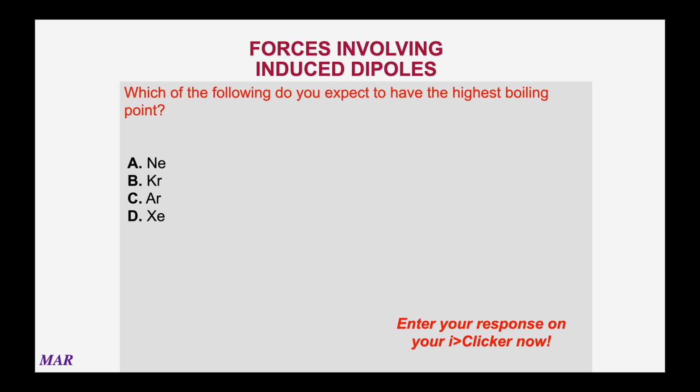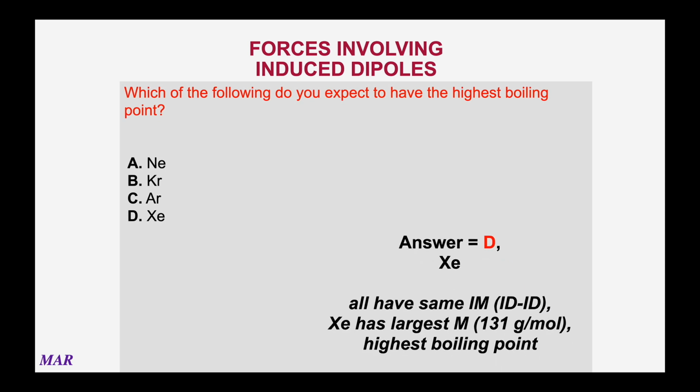They're very, very nonpolar. So this question is not about the intermolecular force. This one's about then the other part, the molar mass. And if you look on the periodic table, xenon is the biggest molar mass, about 131 grams per mole. So we would expect it to have the highest boiling point. It's going to take the most energy to get that larger grams per mole into the gas phase.